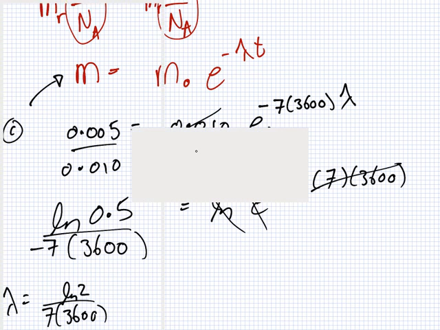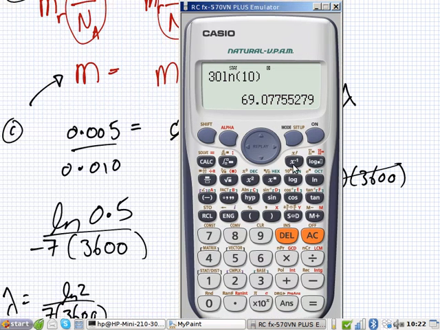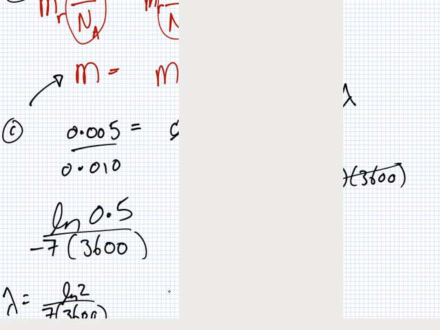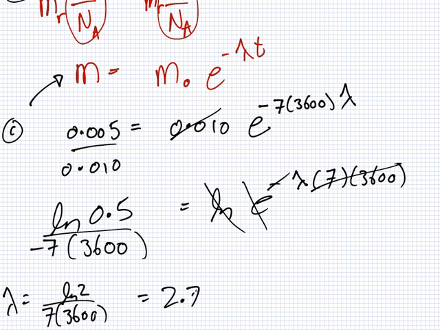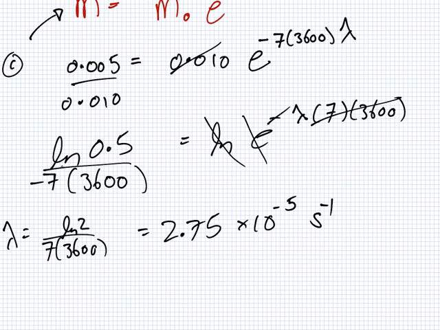Minus log 0.5, I know, but I simplified in my head. So that is 2.75 times 10 to the minus 5. If you type this in, you'll get the same answer, I would hope.